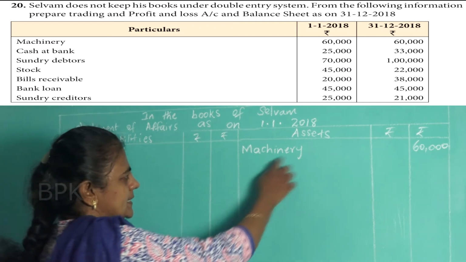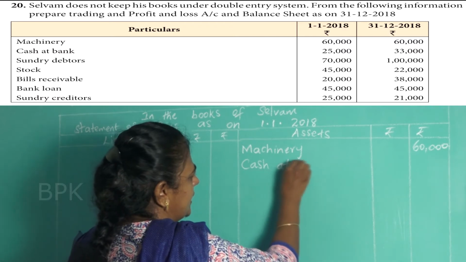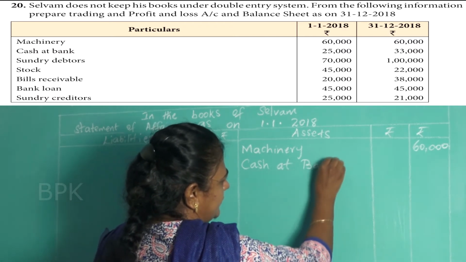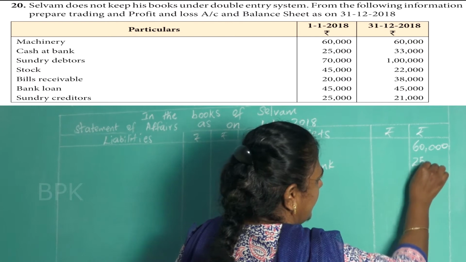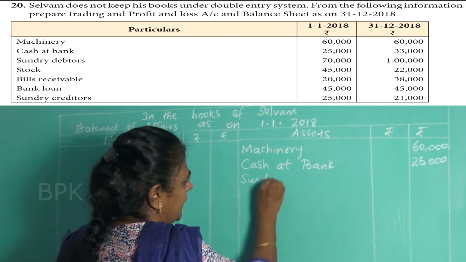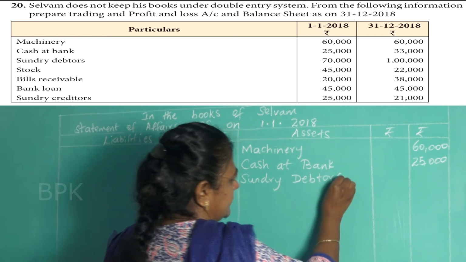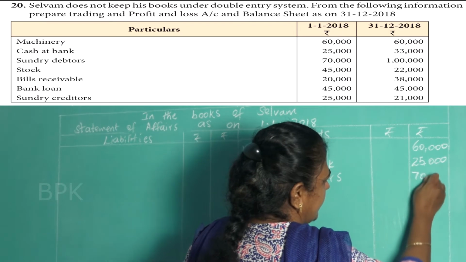So machinery 60,000. Next, cash at bank 25,000. Next, sundry debtors 70,000.